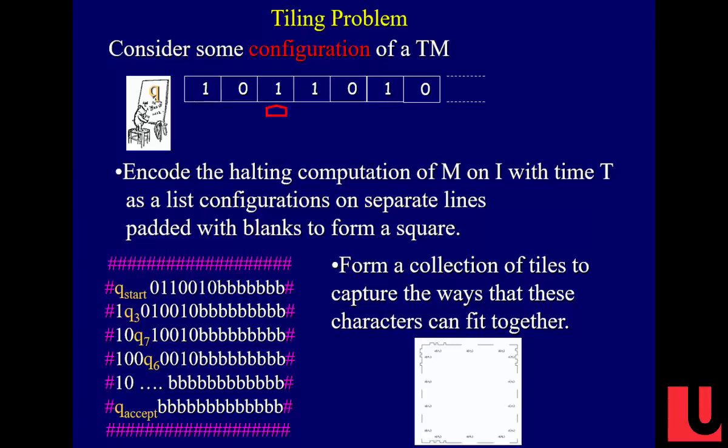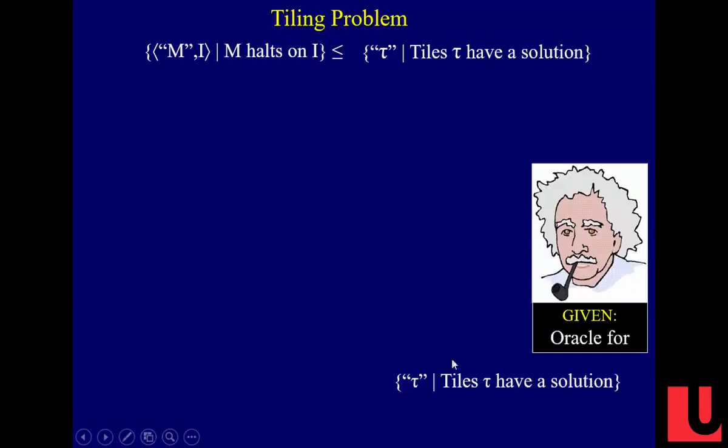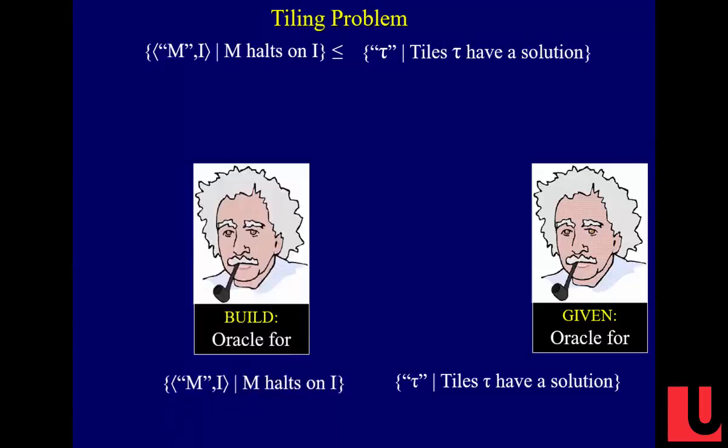Does that make sense? So how do you do the reduction? Well, I assume I have an oracle that solves the tiling problem. Given tiles, can I make a square? And we design an algorithm that solves the halting problem, right? So you're given as input a Turing machine and an input. You want to know, does it halt?